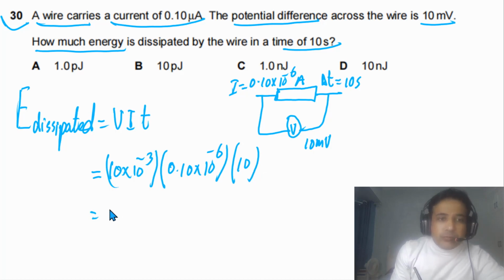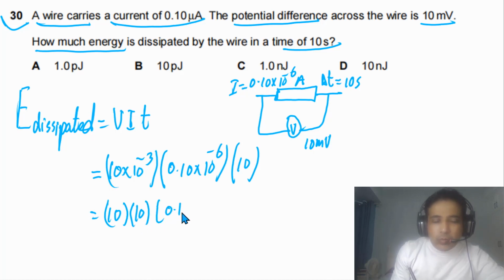Now if we simplify this, we have 10 times 10 times 0.10. We can replace 0.10 with 10 divided by 100, and for the powers we have 10 to minus 3 and 10 to minus 6, so this is 10 to minus 9.